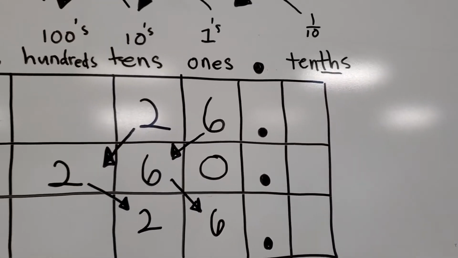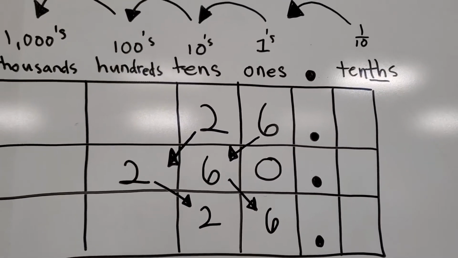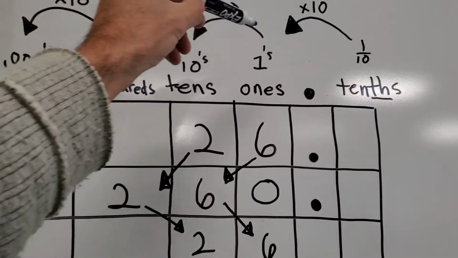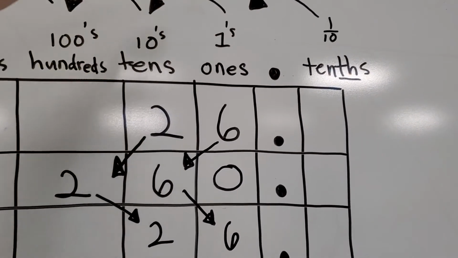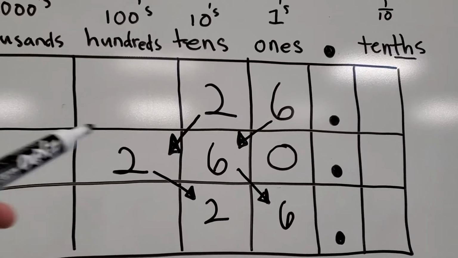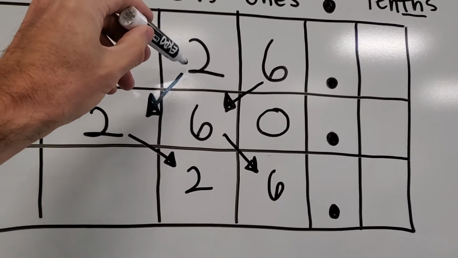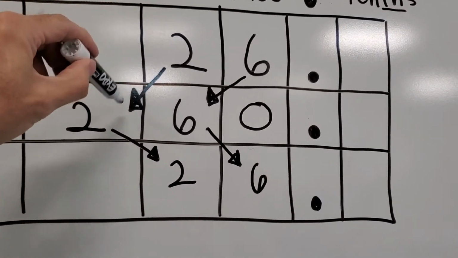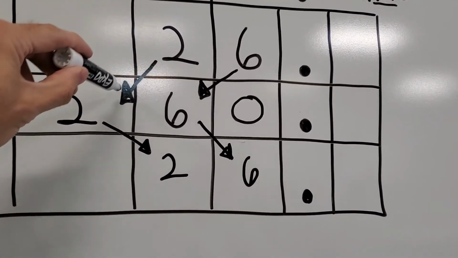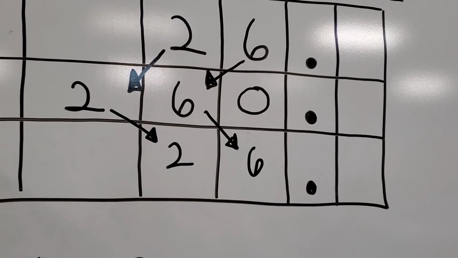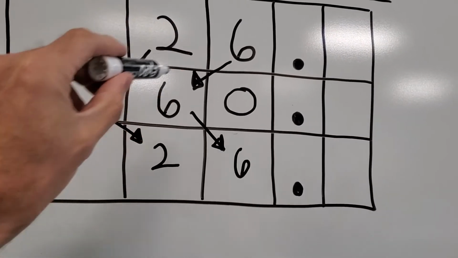The last thing I want to say is if we multiplied by 100, we would move it 2 places on the place value chart. And just as an example, if I wanted to multiply 26 times 100, I would move the 2 not 1 place, but 2 places. So that 2 would move over to the thousands, and the 6 would move to the hundreds.